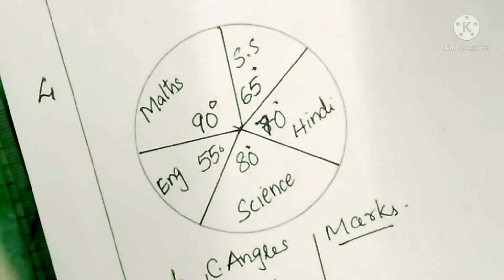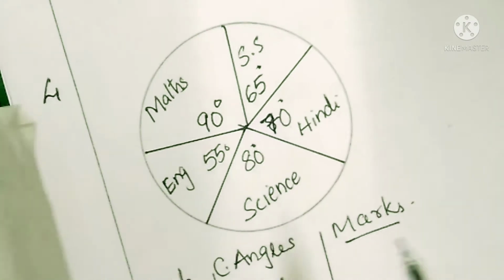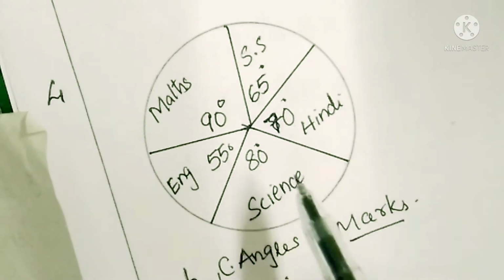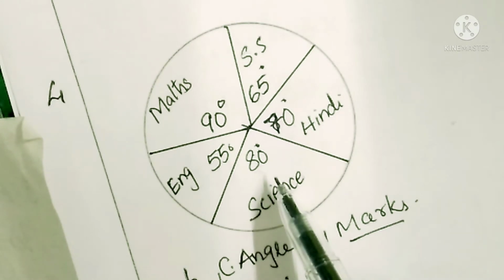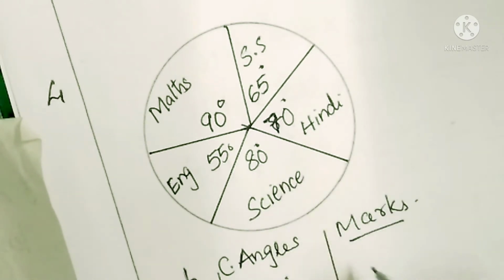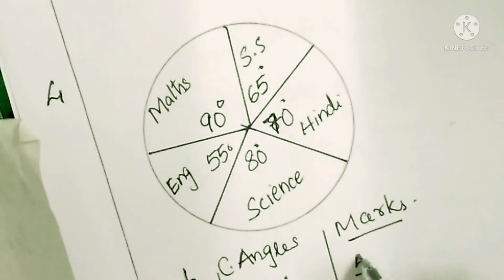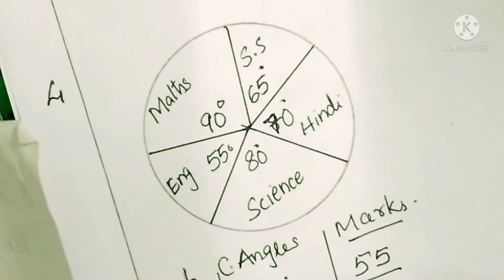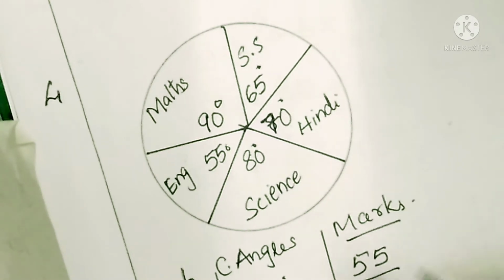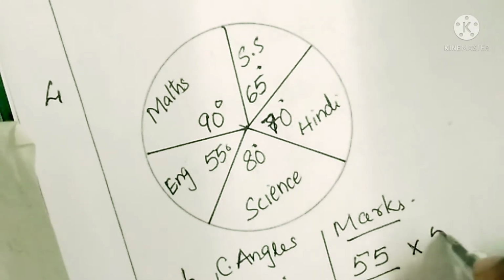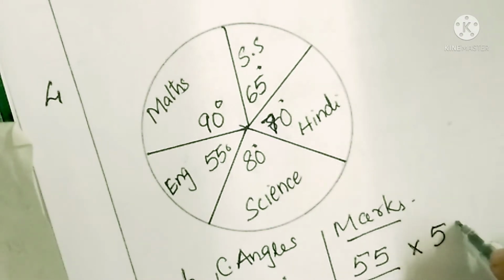That is what we have to find. So 55 degrees means 55 out of 360 into 540.